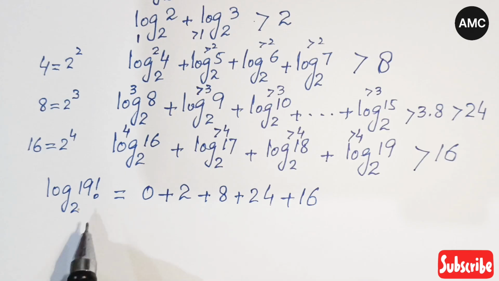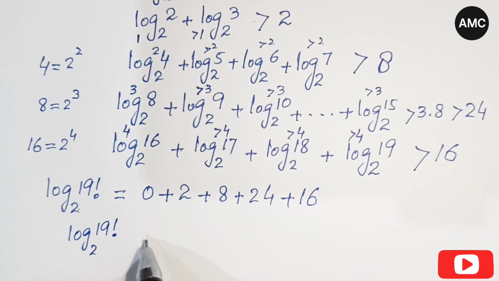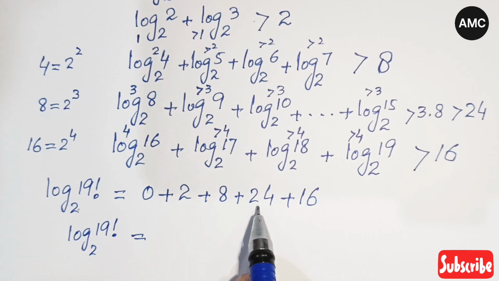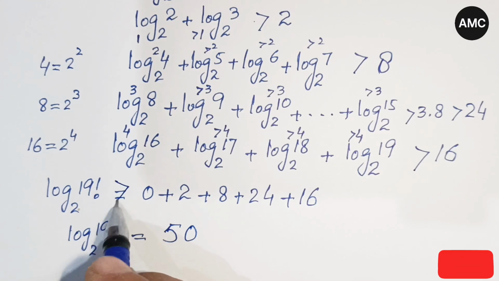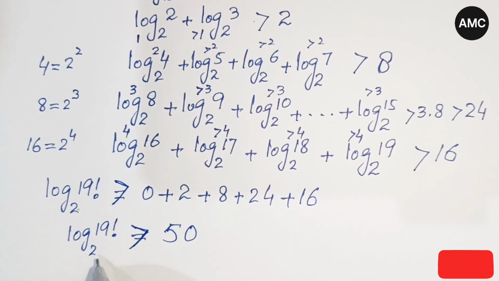When we add all these, log 19 factorial to base 2 is 8 plus 2 is 10, plus 24 is 34, plus 16 is 50. So here we get 50, and it is greater than this one. So log 19 factorial to base 2 is greater than 50.